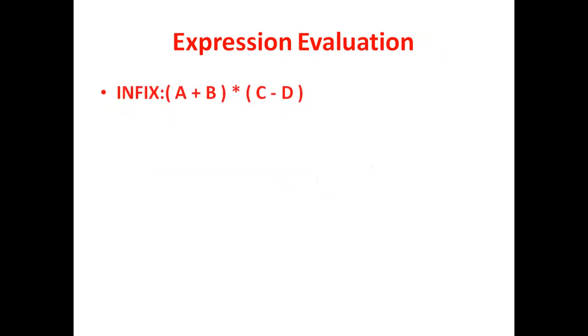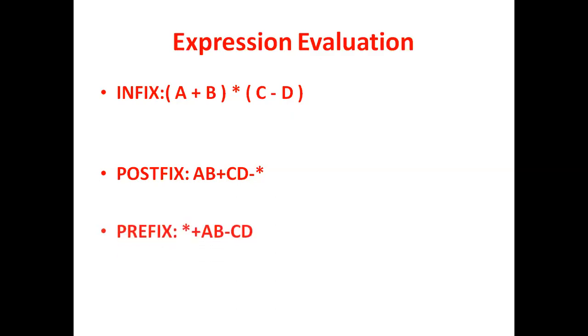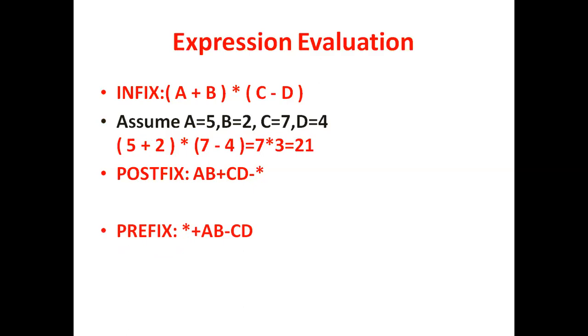If you take the infix form (a + b) * (c - d), the postfix form is ab+cd-*, and the prefix form is *+ab-cd. If we take values for the variables, a = 5, b = 2, c = 7, d = 4, then our infix expression is (5 + 2) * (7 - 4). So 5 plus 2 is 7, 7 minus 4 is 3, and 7 times 3 is 21. This is the way we calculate.